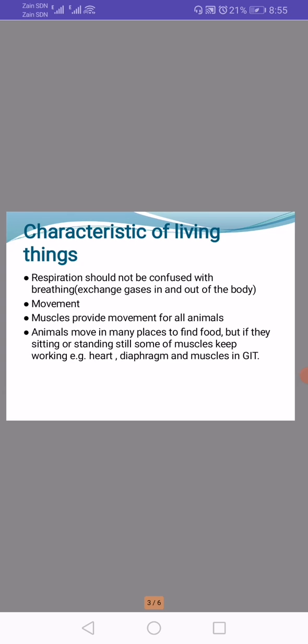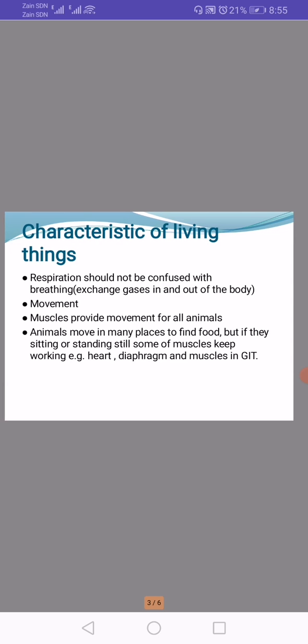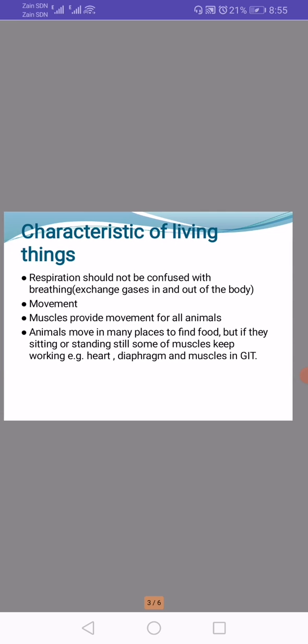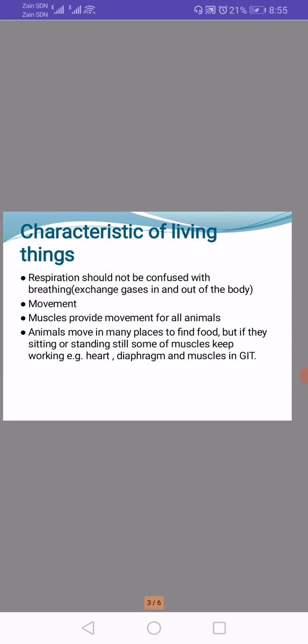But if they are sitting or standing, some muscles still keep working, such as the heart, diaphragm, and muscles in the GIT, the gastrointestinal tract. They keep moving and contracting even if the animal is sitting or standing in its place.